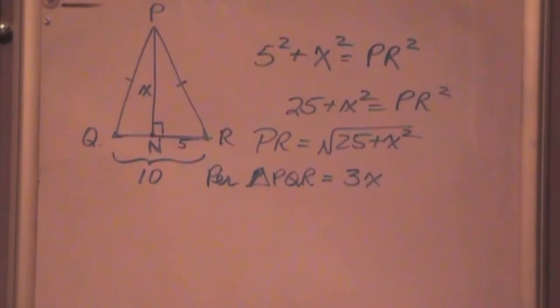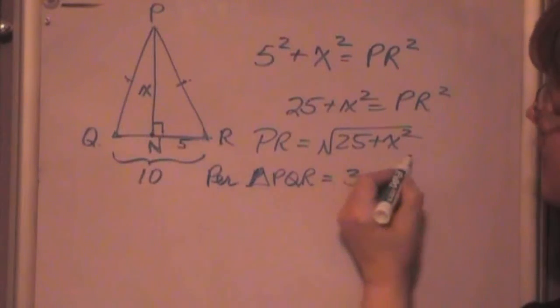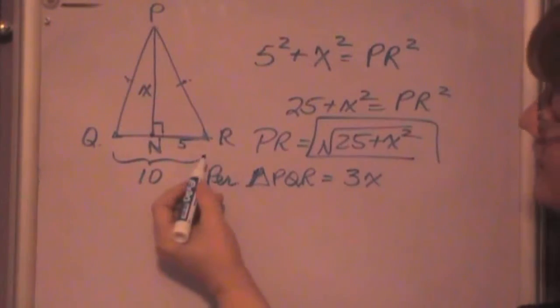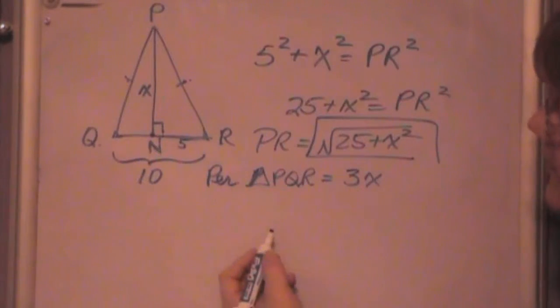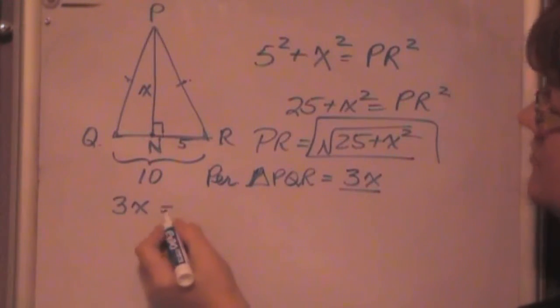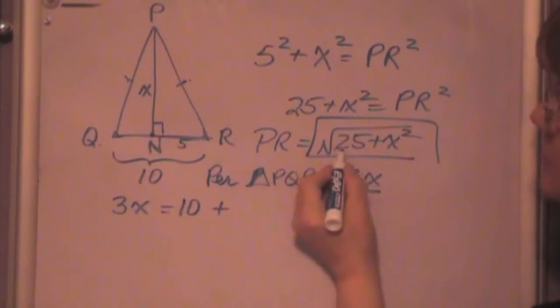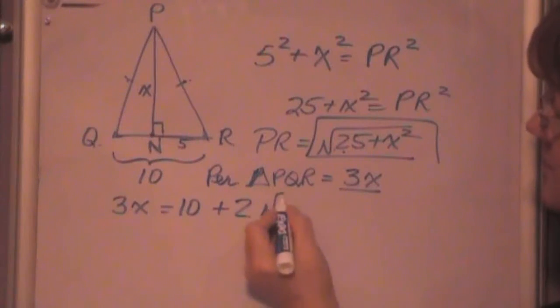Well, the perimeter is also equal to two legs, which are congruent, which we already know the length of, and we know the length of the third side. So we have 3x, our perimeter, is also equal to the 10 plus 2 of these legs.